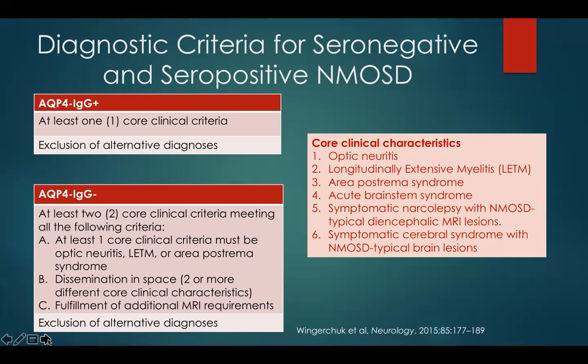The most common four are optic neuritis, longitudinally extensive myelitis, area postrema syndrome, and acute brainstem syndrome, followed by narcolepsy, and then cerebral syndrome with NMOSD typical brain lesions. If a patient is aquaporin 4 negative, they need two core clinical criteria, with at least one being optic neuritis, longitudinally extensive transverse myelitis, or area postrema syndrome.